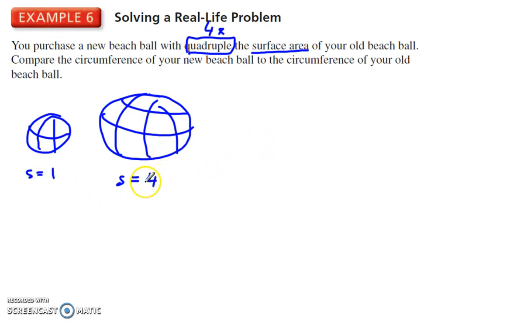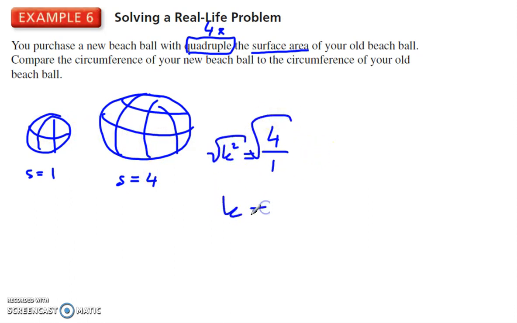Then my scale factor here would be 4 to 1, but that is the scale factor squared, right? Because that's surface area. So in order to compare the circumference, I'd have to find the scale factor and square root these.